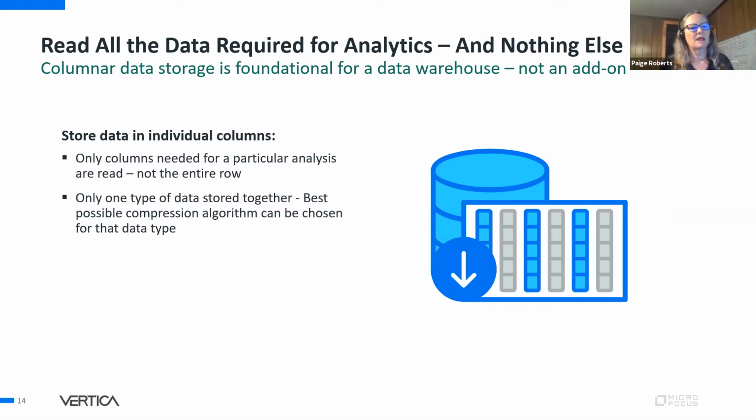And this means if I want to do analytics on something like sales by region, well, what do I need? I need the column that has my sales numbers and I need the region. And that's it. Now there may be 50 other columns in the table that has those two that I need, but instead of reading 50 every single row, how about I read 2?